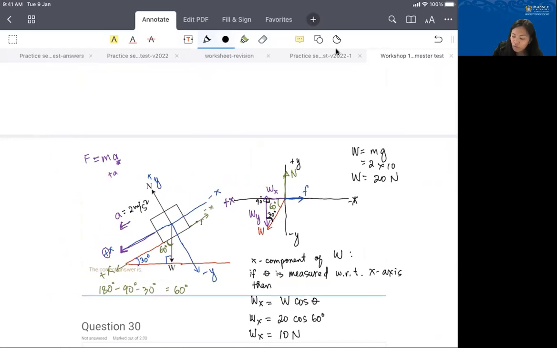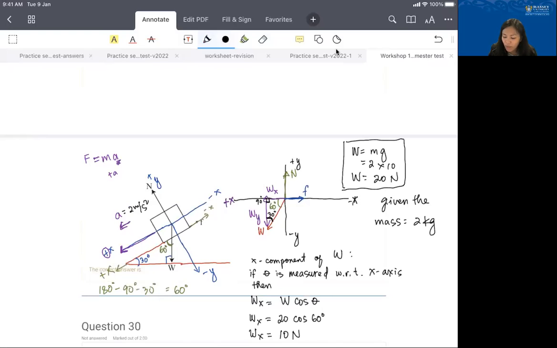But the mass was also given. Given the mass is 2 kilograms. So they're both 2, right? The acceleration is 2 meters per second squared. The mass is 2 kilograms. And to find the weight, it's the mass that you need, multiplied with the gravitational acceleration, which we said you use 10 instead of 9.8 for g.